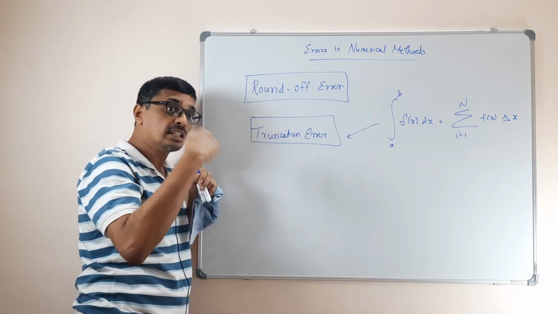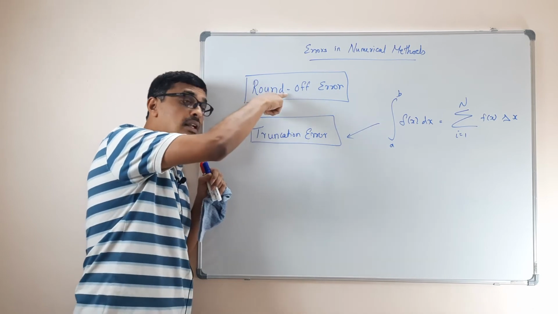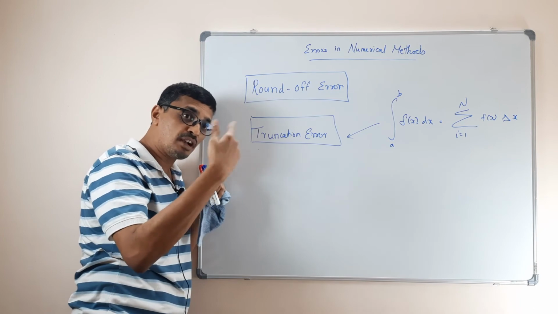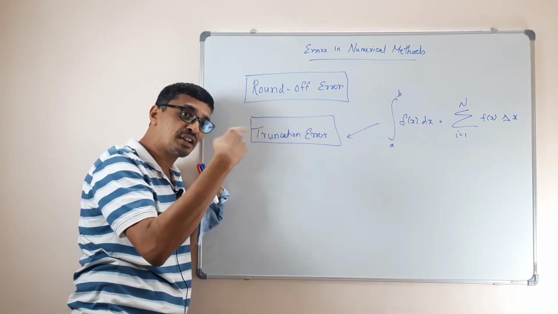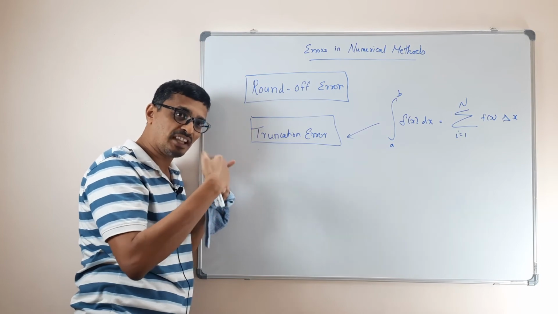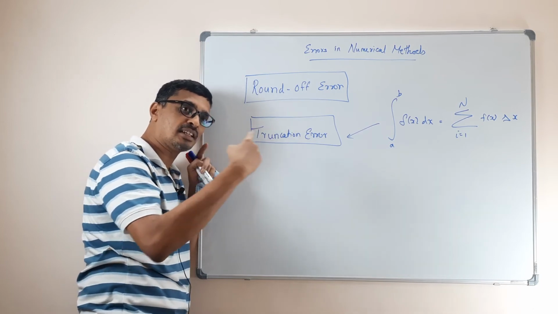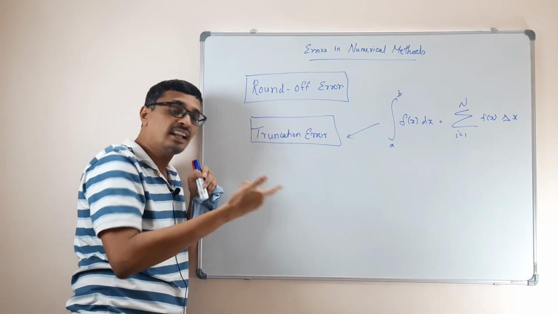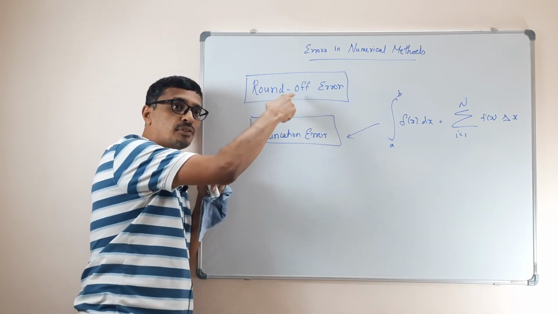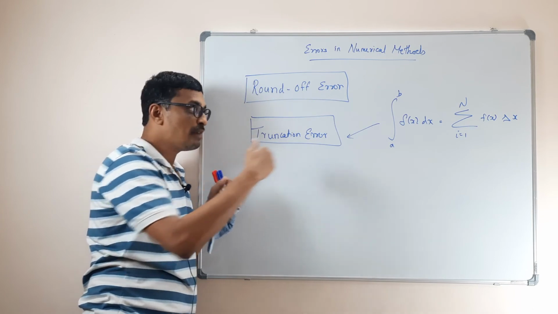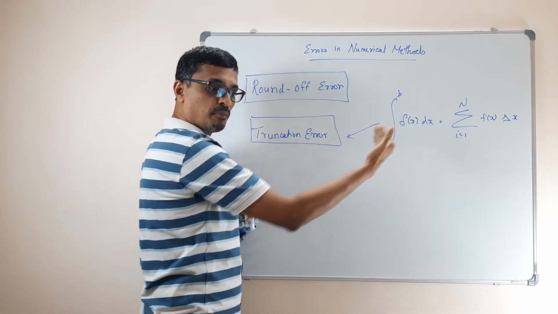Each addition is going to introduce round-off error. As I keep adding more and more, I am going to build up the round-off error. So to reduce the truncation error, I keep increasing my terms as long as possible, but that is going to cost me in terms of round-off error. So same way here also. Am I clear?